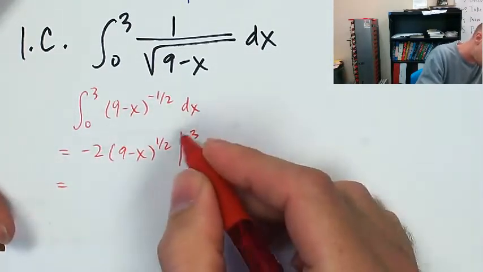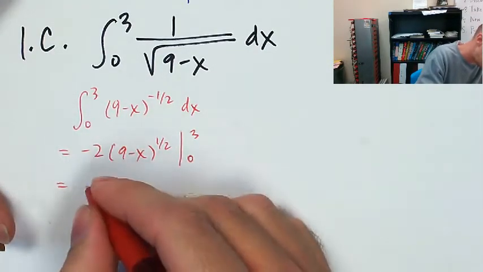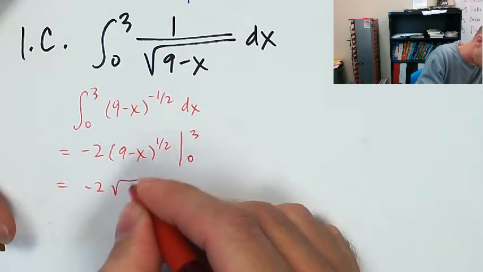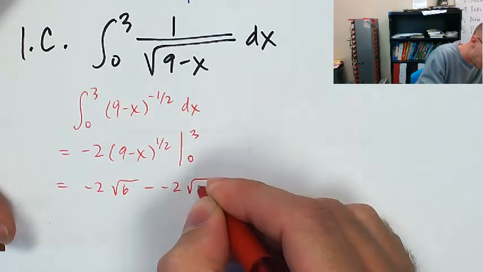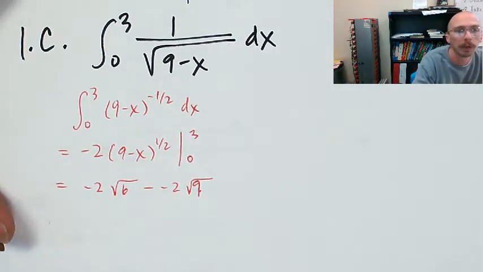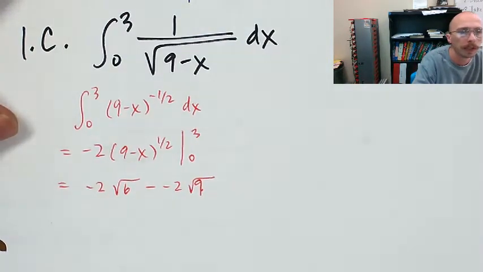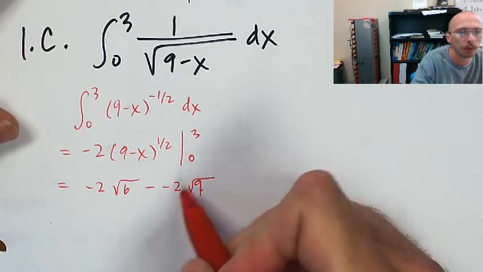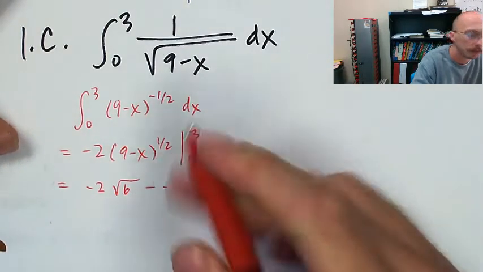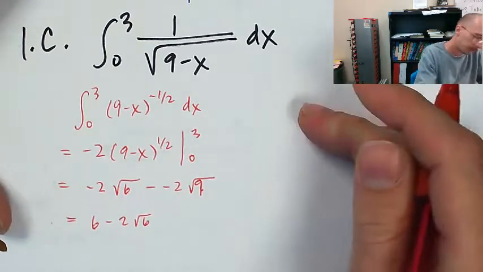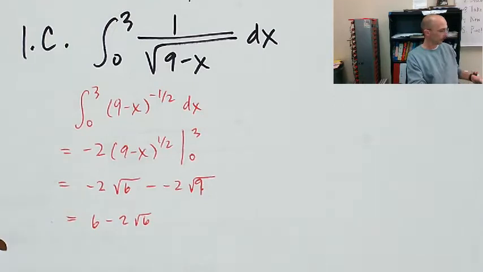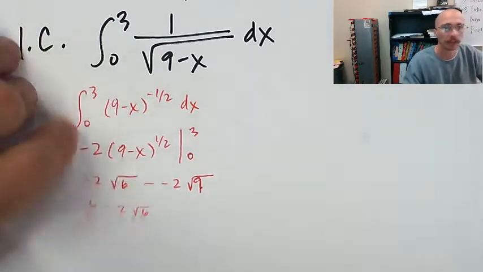And so it'll be -2 times the square root of 6 minus -2 times the square root, not of 0, but of 9, when I plug in 0. And you could say that's 2 times 3 is 6 minus 2 square roots of 6. Okay. The next one, the 1 over the square root of 9 minus x squared.